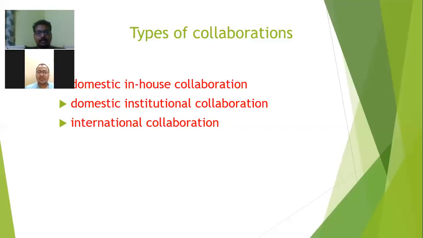Again, what you have to look at is what kind of contributions you want from him. Suppose you are working in an experimental collaboration, and you are preparing a sample here, and you want it to be analyzed in his country or in his institute.